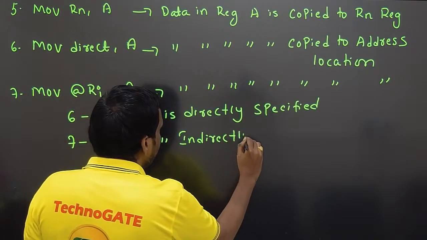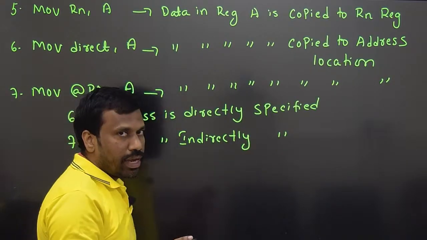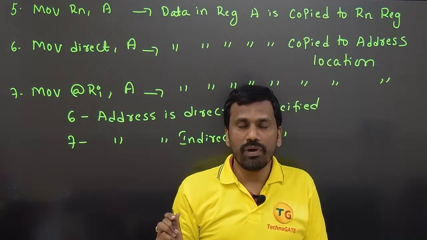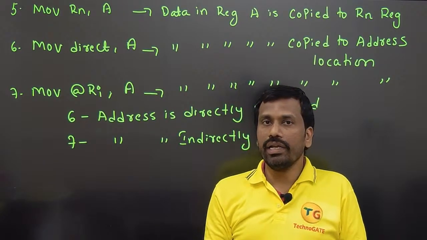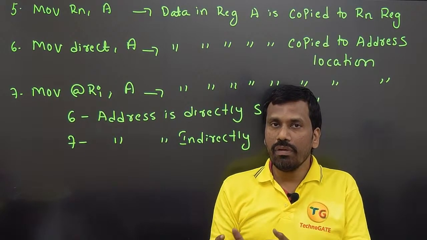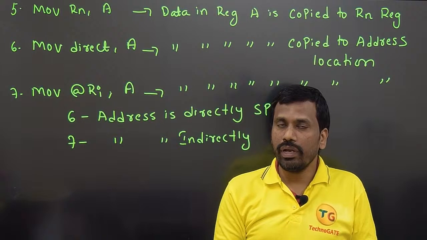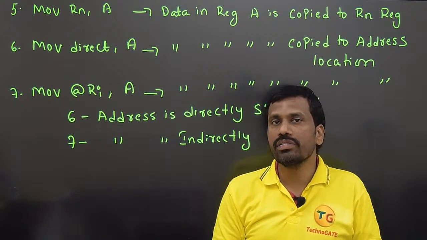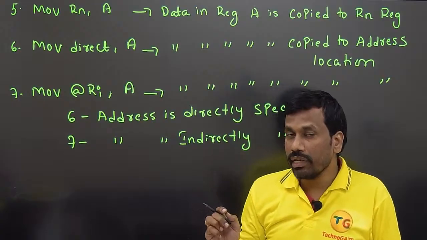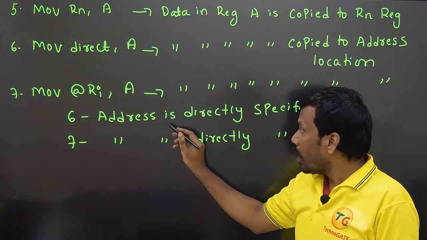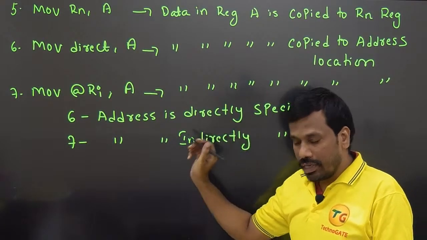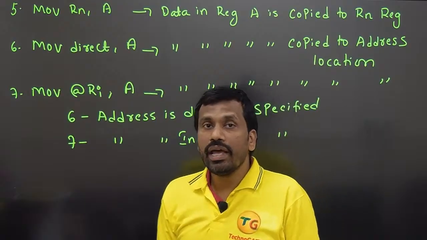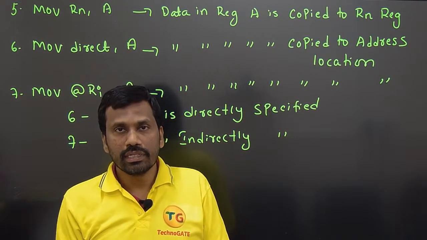That's the main difference. The working is the same: whatever the data in register A, that will be moved to the address location.